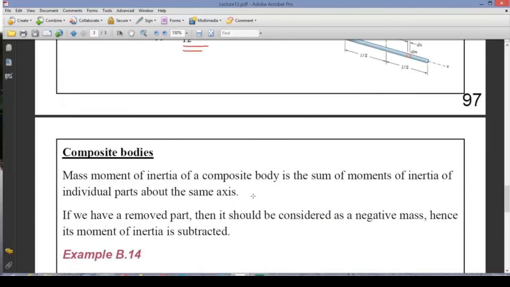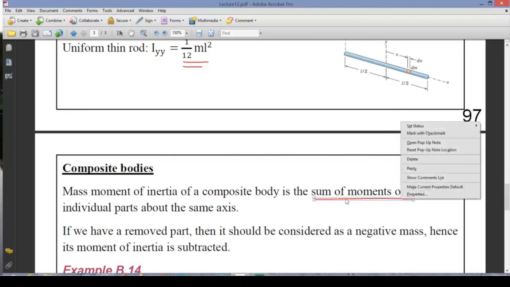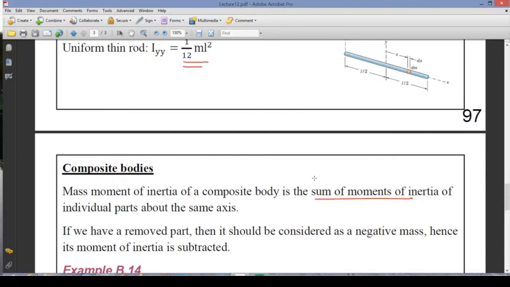The last thing that I want to talk about in this part is the composite bodies. Actually, we could have a rigid body that is composed of different bodies that are welded to each other, so rigidly connected. And in that case, what we can do is to sum these moments of inertia. One thing that you need to be careful about here is that the sum should be made about a specific axis.